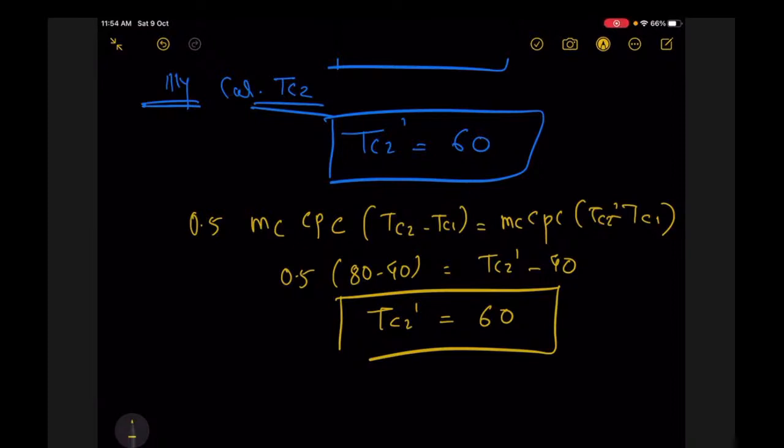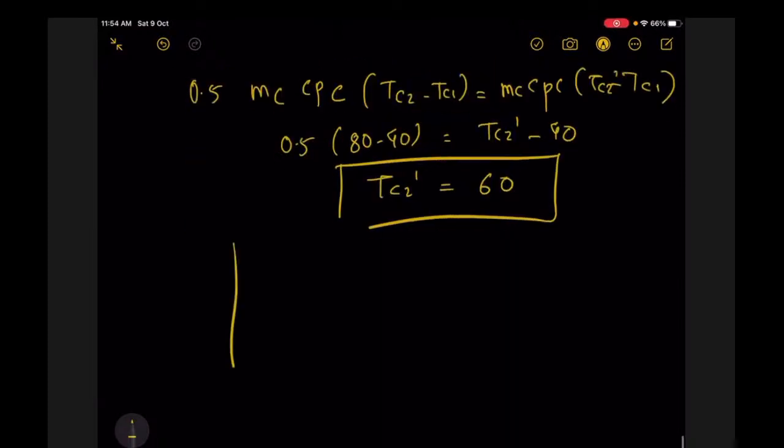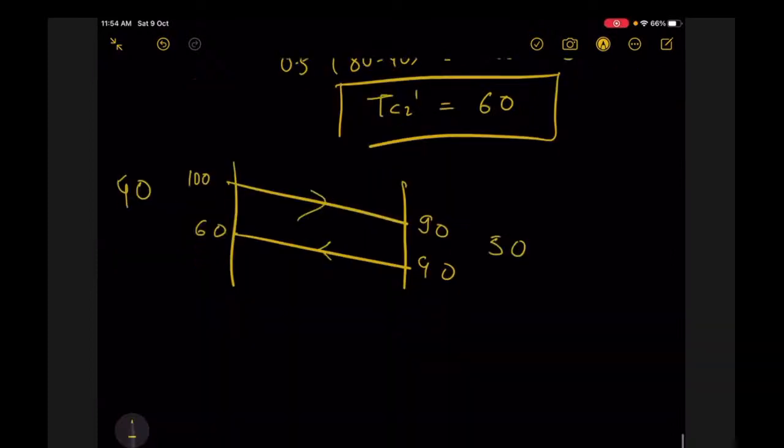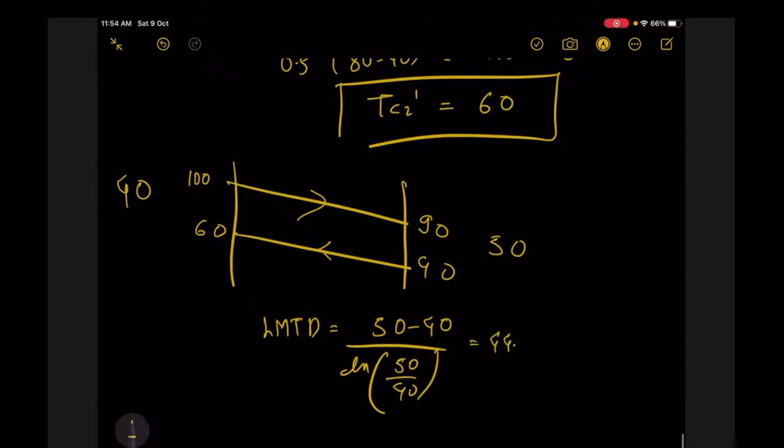Now you can calculate the new LMTD. 100 will give you 90, 40 will give you 60, so the differences are 40 and 50. LMTD equals (50 minus 40) divided by ln of 50 by 40, which equals 44.8.